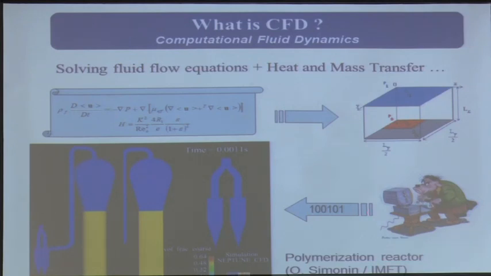From that you will get many numbers. Then you have to do post-processing, and from this post-processing you will have an idea of the flow, the heat and mass transfer in your industrial problem. At the end you try to analyze what is the physics of your problem. It's an example here with cyclones and with a process.